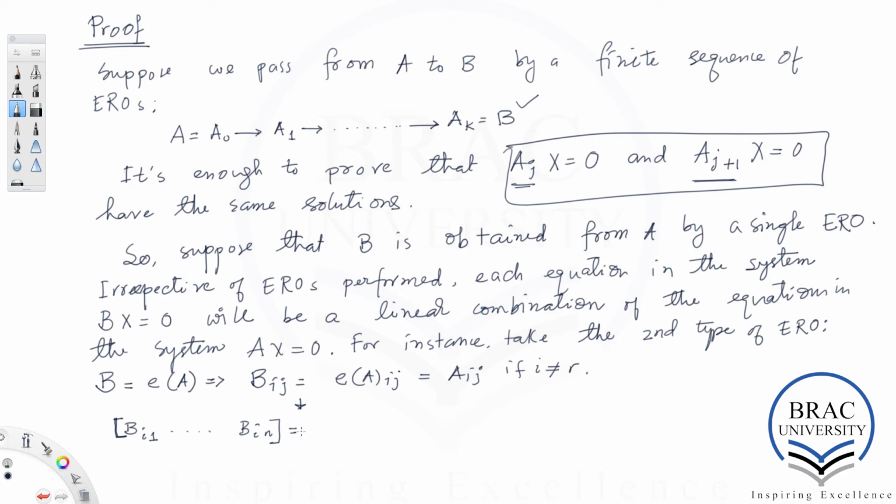So it is equal to the ith row. Okay, which we can write as 0 times the first row of A, which is A11 all the way up to A1n.